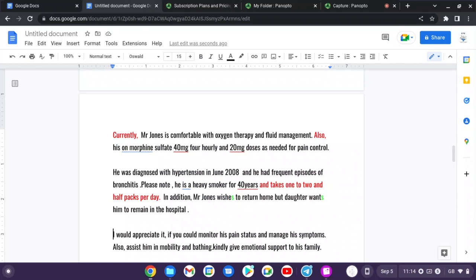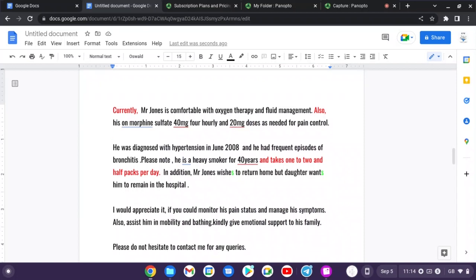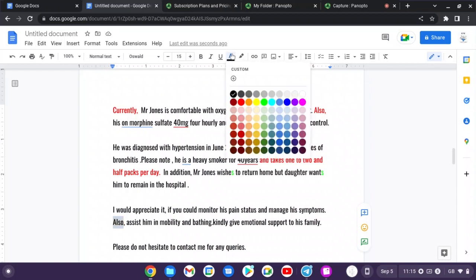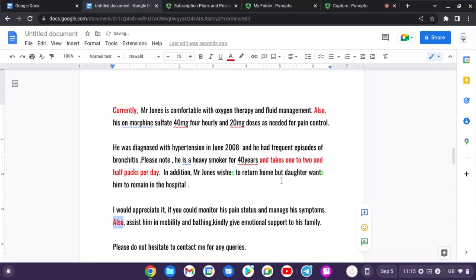Okay, so conclusion. I would appreciate it if you could monitor his pain status and manage his symptoms. Also, avoid repetitive words like also. So you can avoid that. Don't use that. Alright.